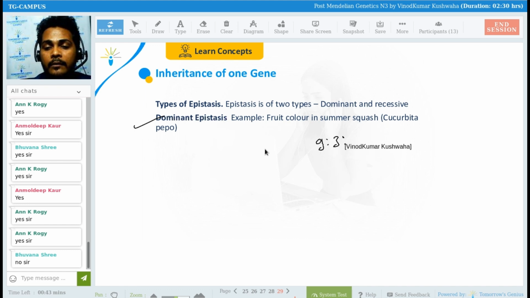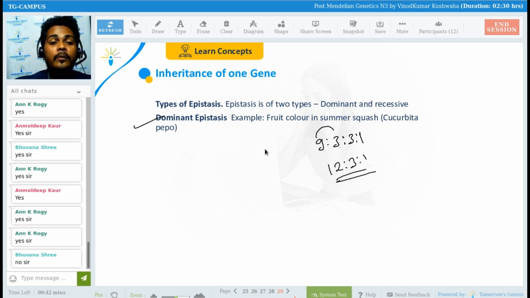The normal genotypic ratio in a dihybrid cross is this one. But what happens in dominant epistasis is that these get clubbed, so it becomes 12:3:1. So this condition is seen in dominant epistasis. Clear?